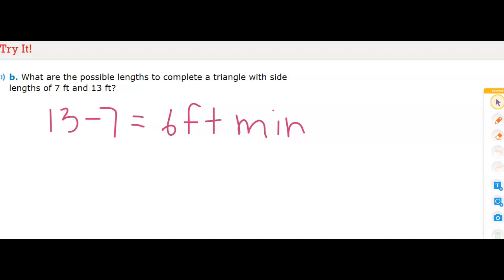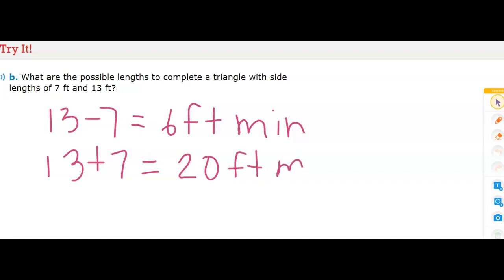And then the other part was to show the maximum. So you would add the 2 numbers or sides together. So 13 plus 7 is 20. So 20 feet would be our maximum.